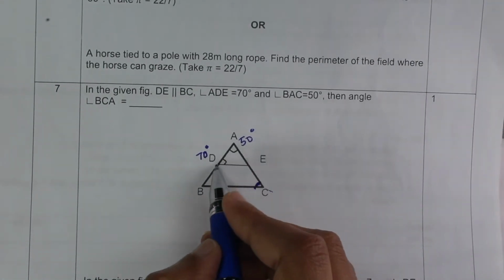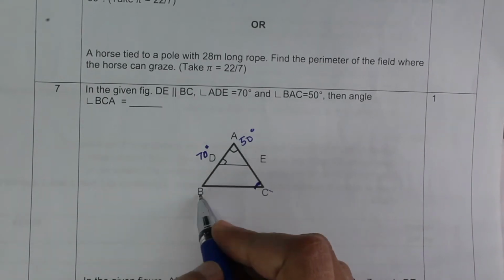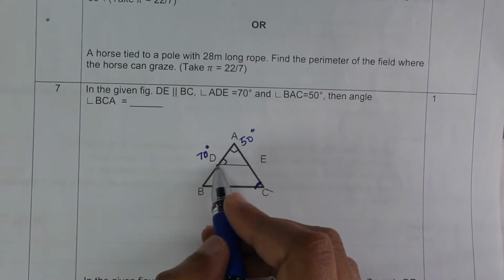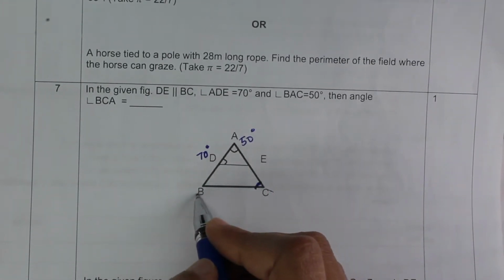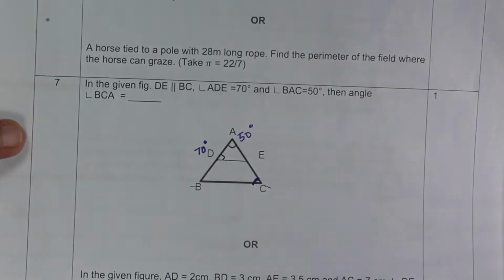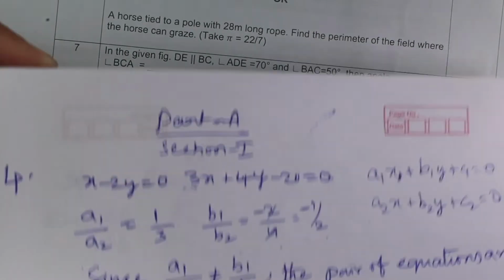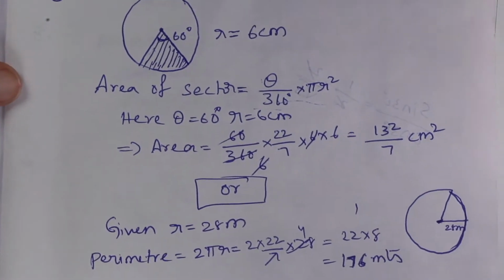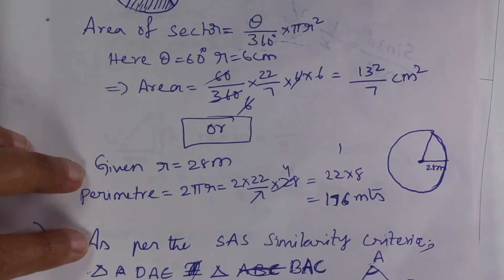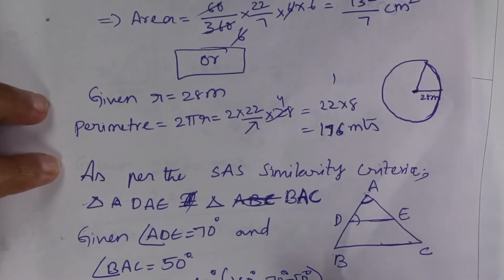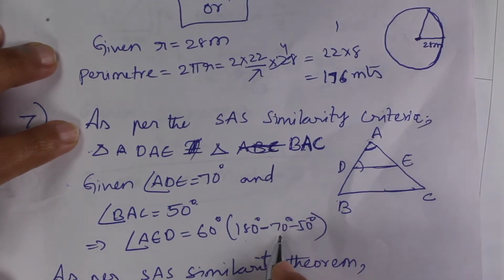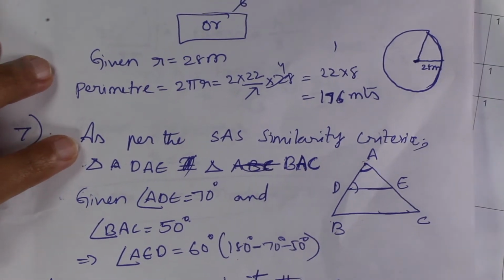We know that triangle DAE is similar to triangle BAC. So angle ADE is equal to 70 degrees, right? And angle BAC is equal to 50 degrees. So angle AED becomes 180 degrees minus 70 minus 50.